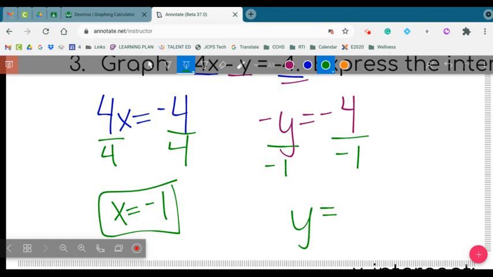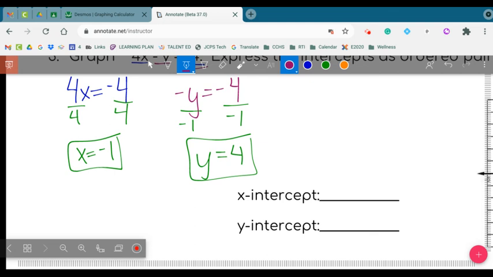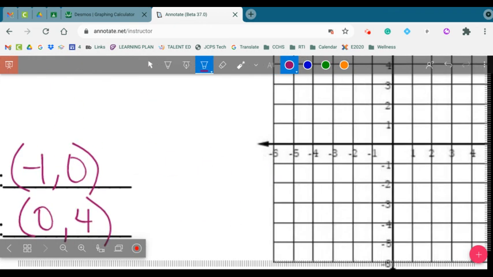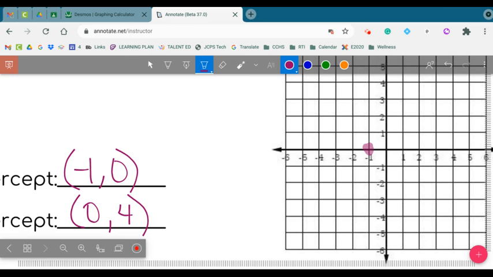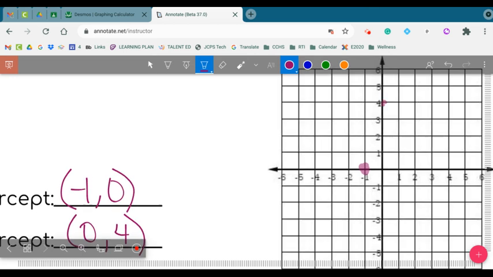And then y equals a positive 4. We're going to have -1 comma 0, 0 comma 4, and then graph these. So our x-intercept is -1, our y-intercept is 4, and then graph your line in between them, and you guys are finished.